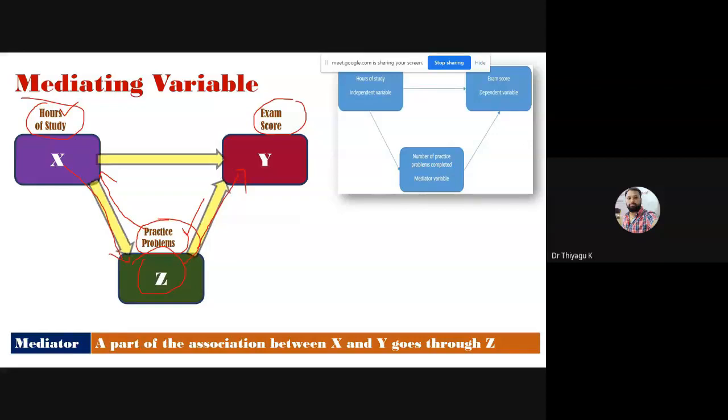If I sit for 10 hours of study, I may solve nearly 10 problems. Therefore, from the practice, Z, there is an influence on Y. Therefore, it's called a mediating variable.